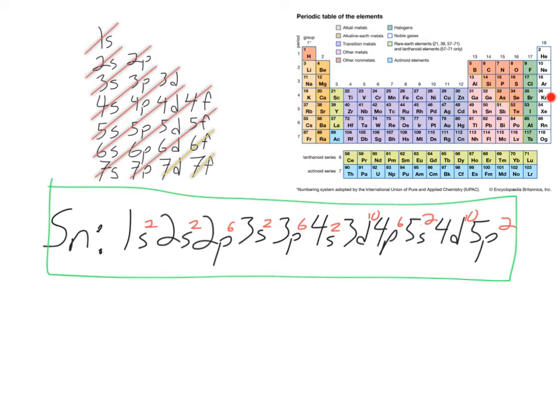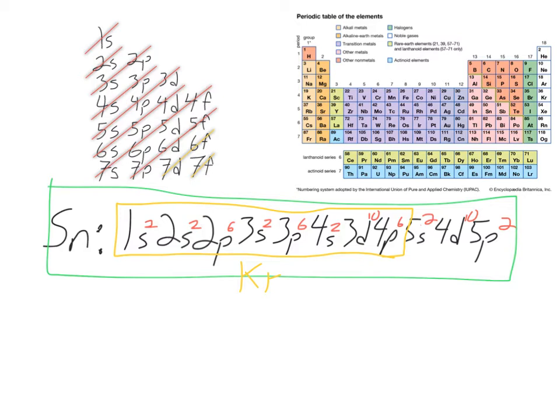Now, krypton already sums up a large portion of this. In fact, it sums up all the way to where that 4p6 is. So all of this is essentially just that Kr, krypton, okay?